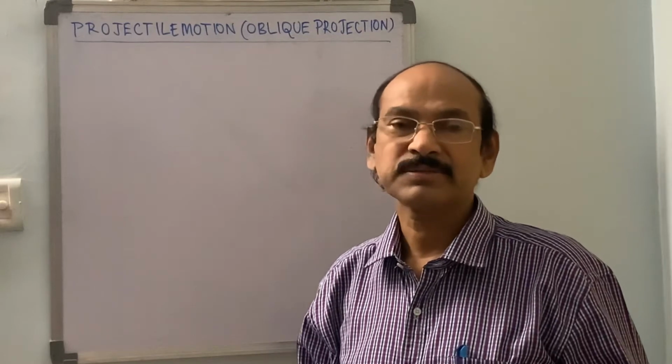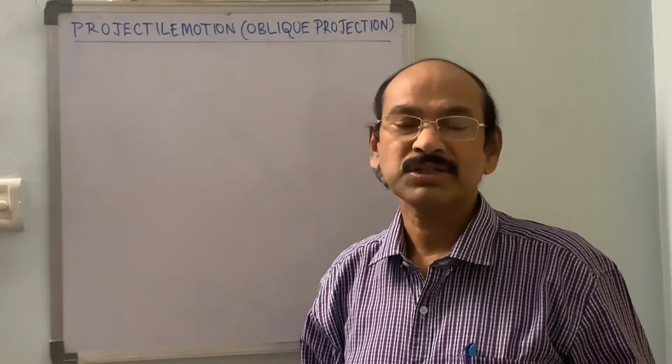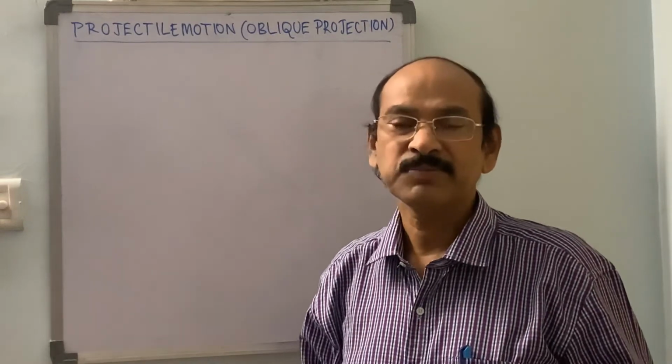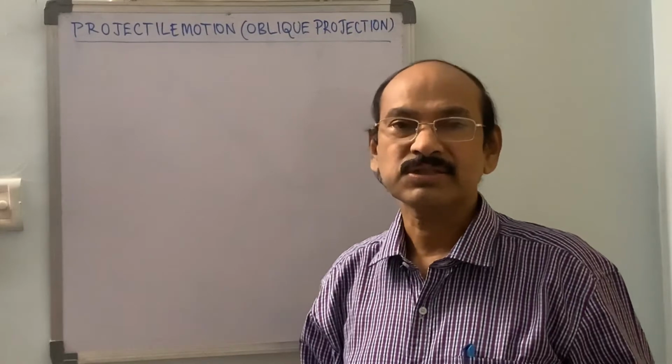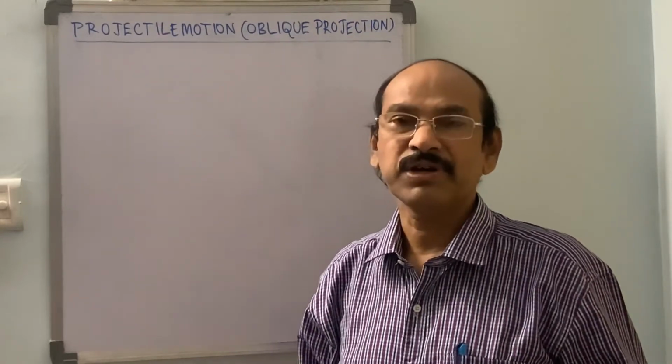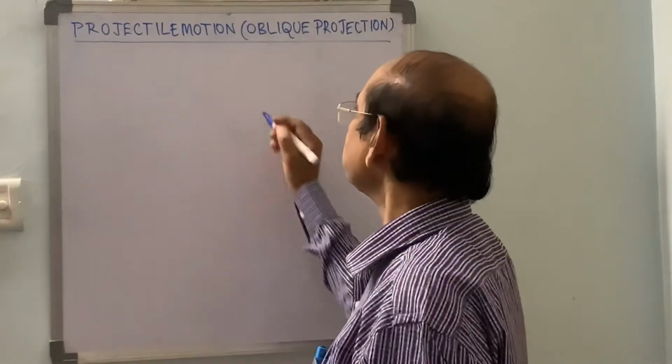So its horizontal component of velocity u is not changing, but its vertical component of velocity, acting in the downward direction, gradually increases from 0.